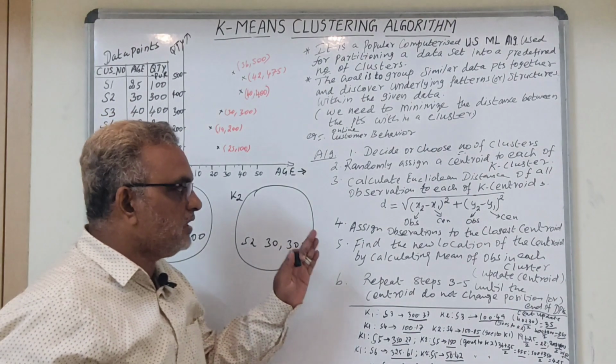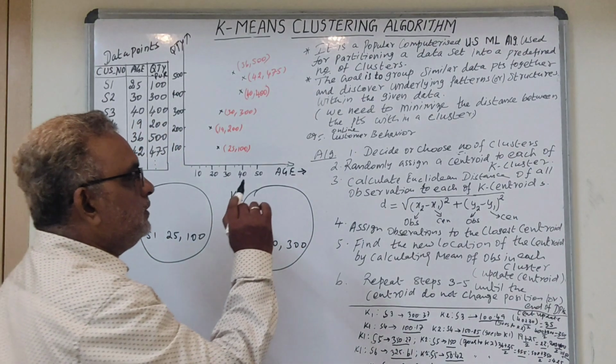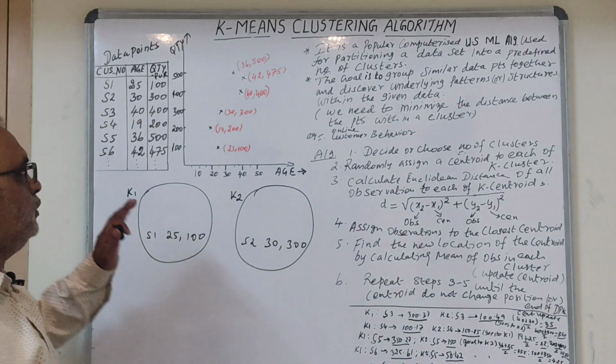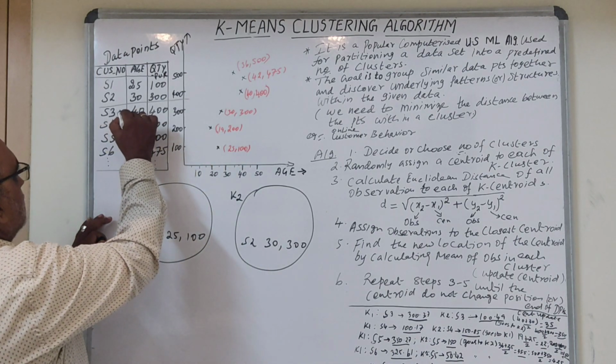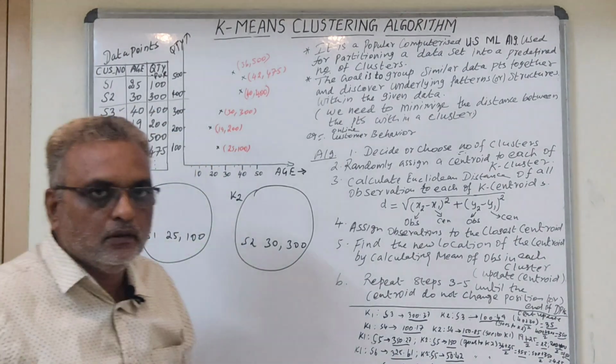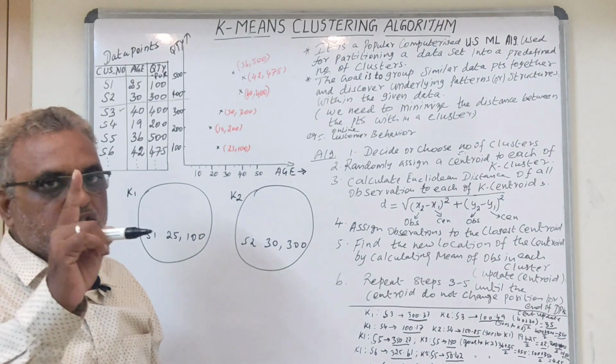Now we have to calculate the distance for the observed value. These are the centroids, and now we have to calculate the distance for this observed value.